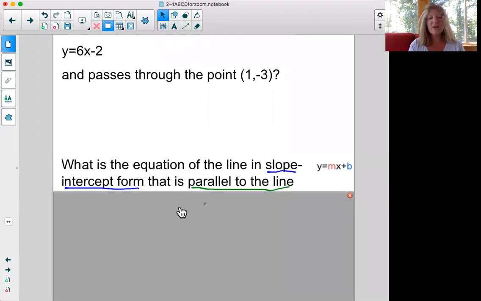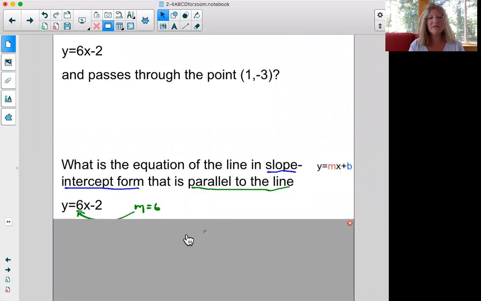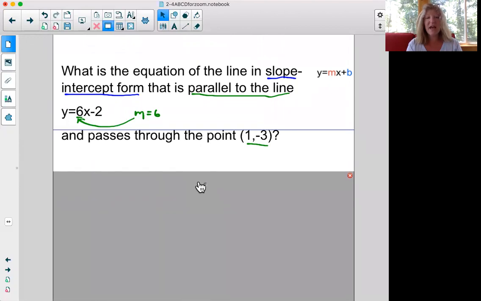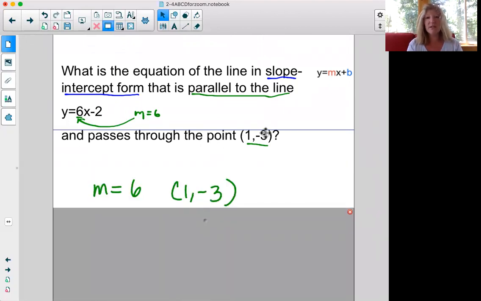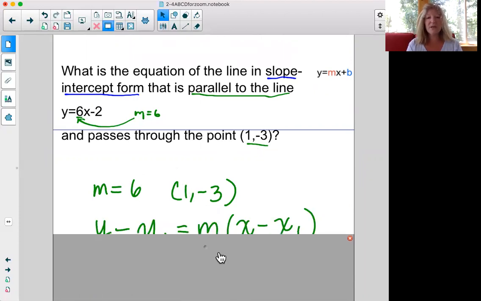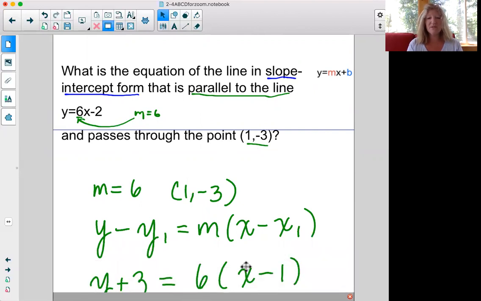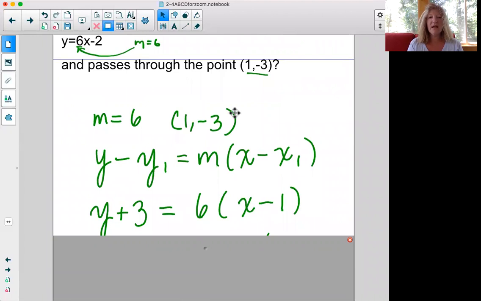We're asked to find the equation of the line that's parallel to this line. Well, in this line y is isolated, so the slope is obvious: the slope is 6. If my line is parallel to this line, then my slope is also 6. And I know that I go through that point. So now I know the slope and a point, so I could easily put it into point-slope form by plugging those numbers in, because for my point, x is 1.